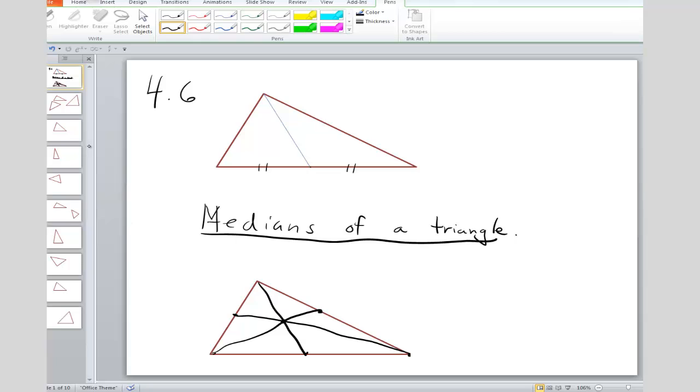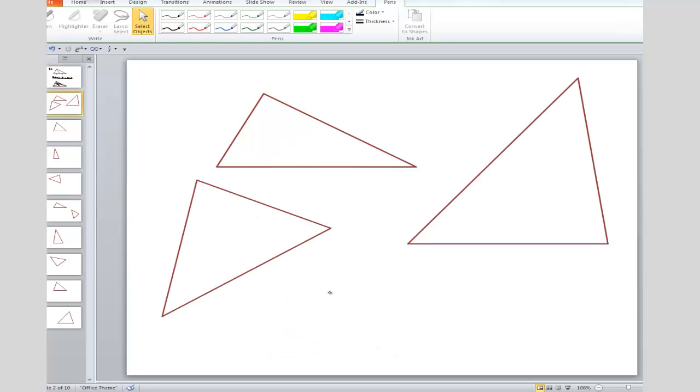Alright, so let's define a median. This is the definition.